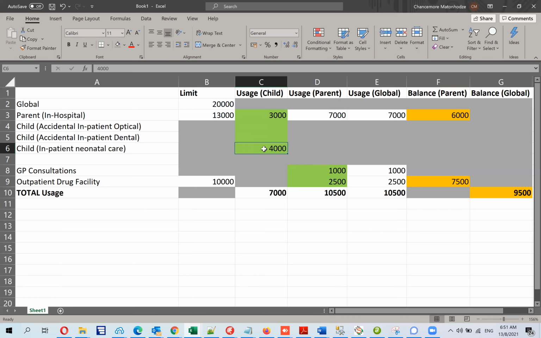And this affects usage on the parent and usage on global, and the balance on the parent is now 6,000, and the balance on the global is 9,500. It has not affected the balance on this outpatient drug facility, and it doesn't affect the GP consultations.